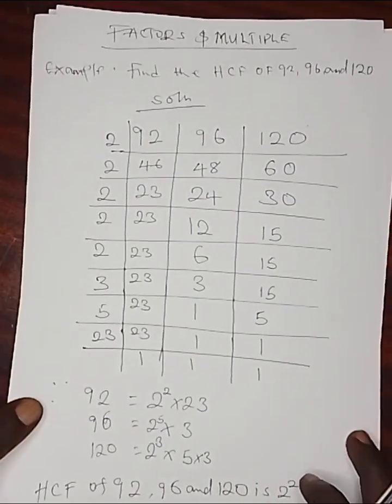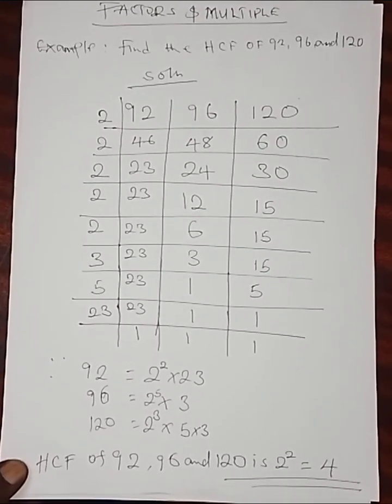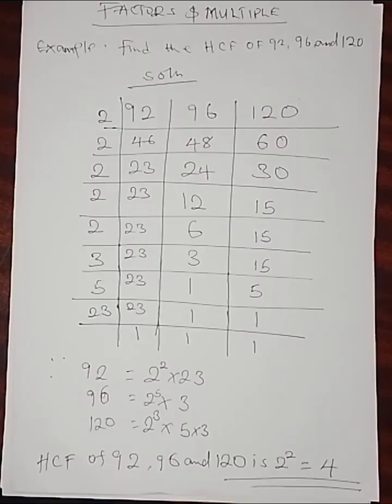I hope it has been very clear to everyone. So that's how you work out how to get the factors and multiples of a given number. Maybe I could give you an example or an activity you can also go and try.